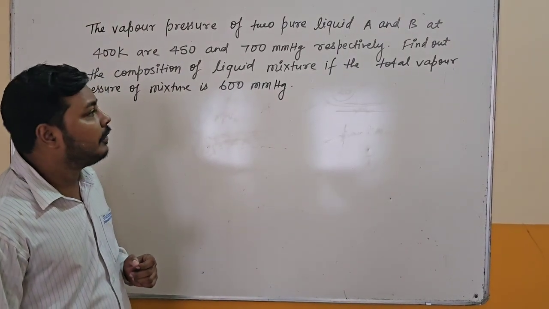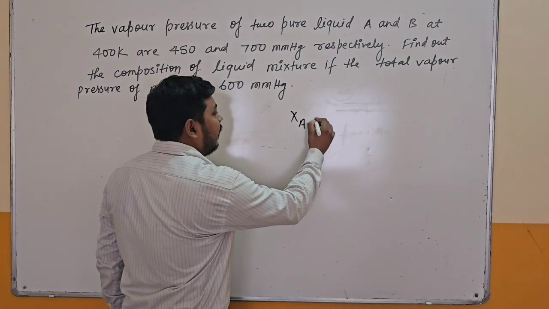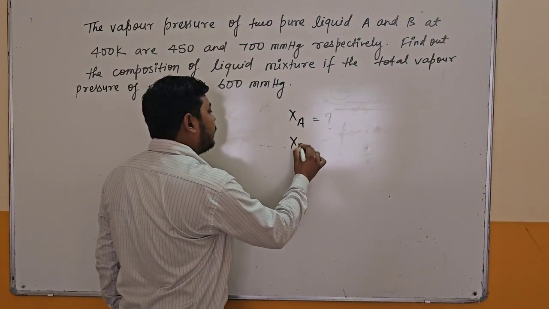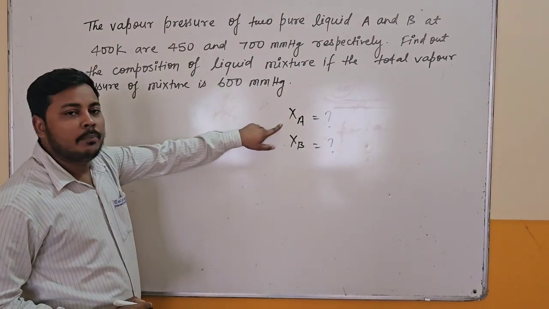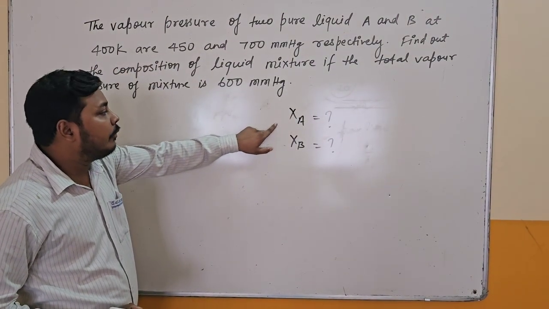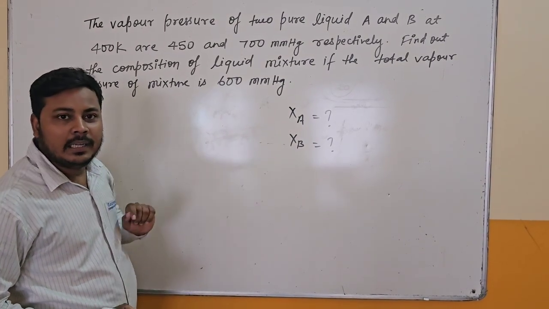We have to find XA and XB, because XA is the mole fraction of A in the liquid medium and XB is the mole fraction of B in the liquid medium.